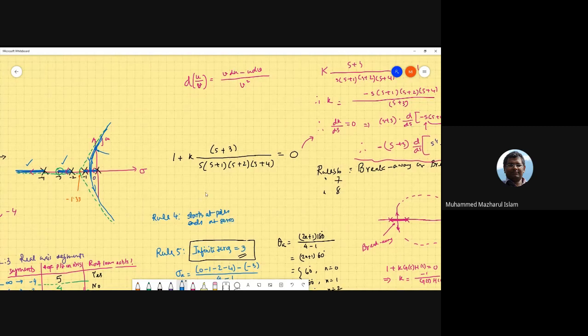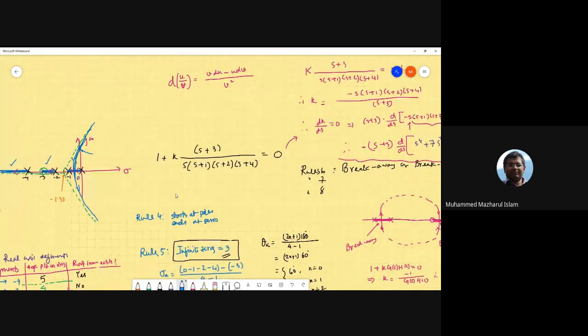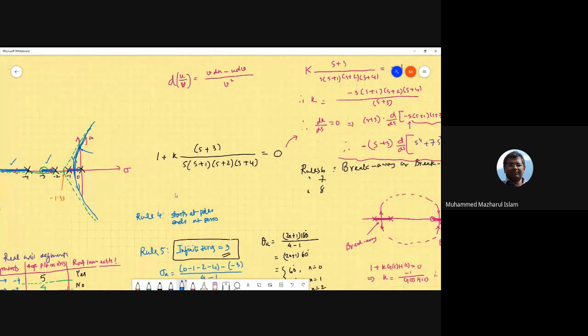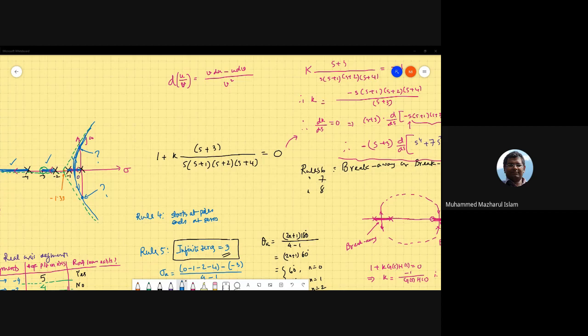All right. So the rule number 7, the next rule, is for finding out the crossing points of the imaginary axis. So there will be 2 points in this root locus where the root locus will cross the imaginary axis, and this will be symmetrical, as you can understand.